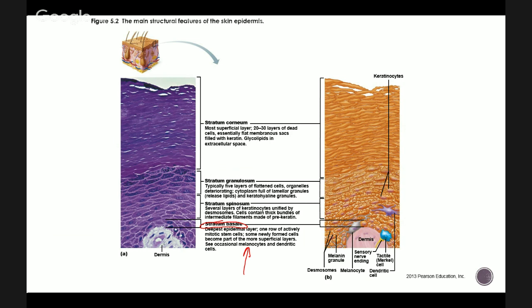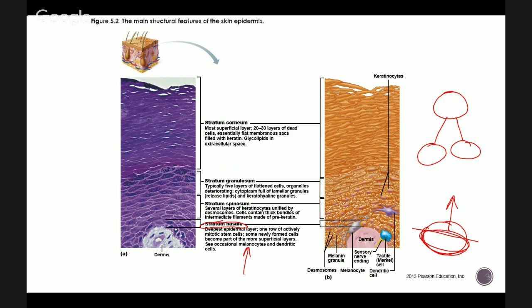What's mitosis? Does anybody remember what mitosis is? Cell reproduction. You take one cell, and that cell becomes two. That's what we see here at the stratum basale, except going this way, we're actually going the opposite. This layer of cells is actively mitotic, which means that it will divide, and then one cell moves up, the other one stays behind.